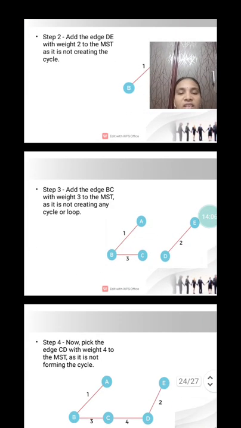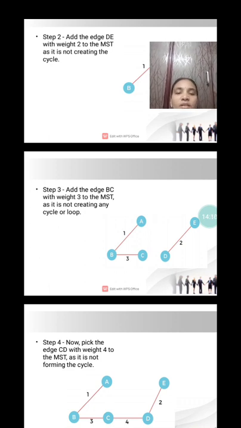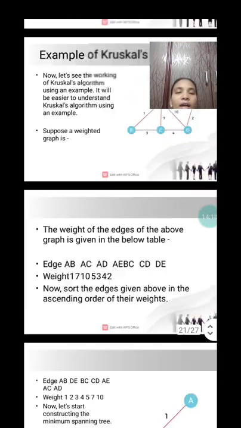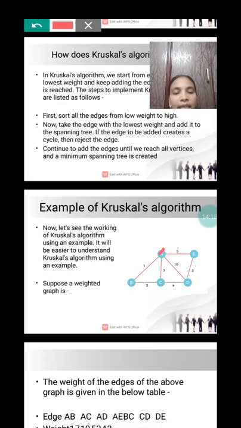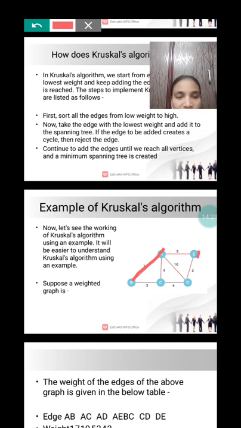Now step 3, add the BC with weight 3 to the minimum cost spanning tree as it is not creating any loop or cycle. First we have drawn AB and from AB we came to ED. After 1, 2 we have 3 here, BC.